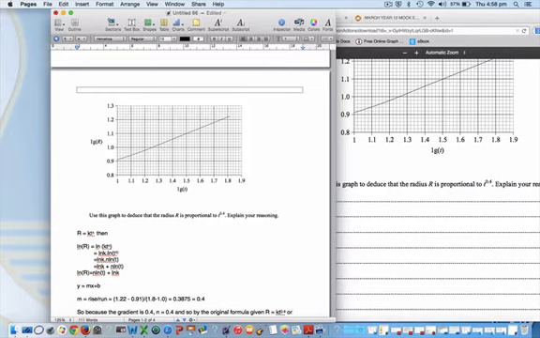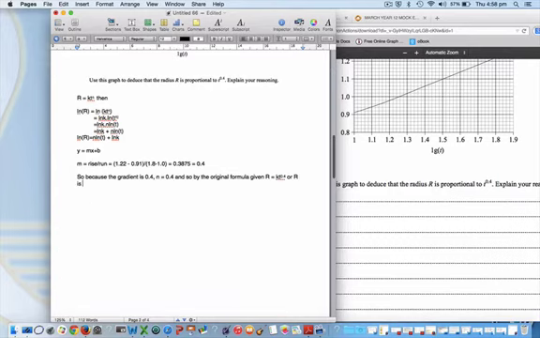Or, another way of saying that would be R is proportional to t to the power of 0.4. And there's our 4 marks, I'm presuming.